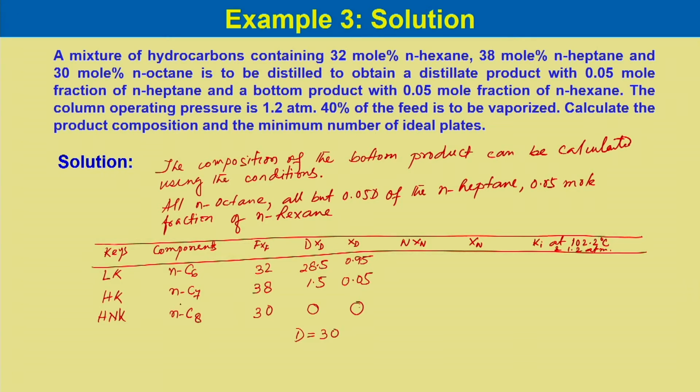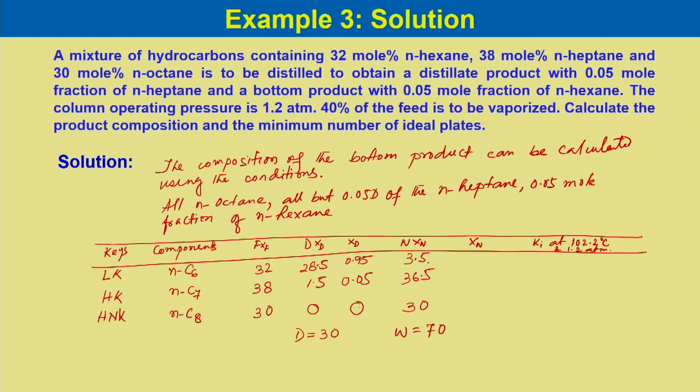This NC8 will be completely present in the bottom, which was in the feed, which is 30, and WXW from the material balance we can calculate, which is 3.5 and this is 36.5. So, total W would be 70.